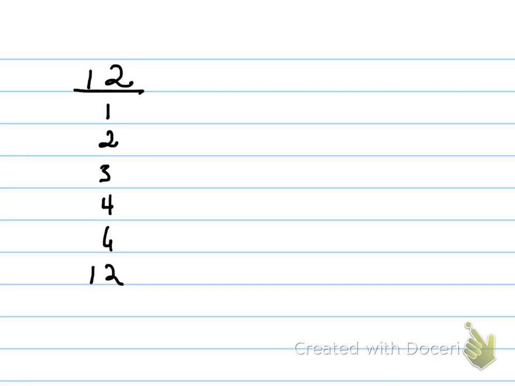I've made a list underneath 12 of all the factors of 12. Now I'm going to try to think of the factors of 15. I know that 1 and 15 are factors of 15. But also, I can write 3 times 5 or 5 times 3. So the factors of 15 are 1, 3, 5, and 15.